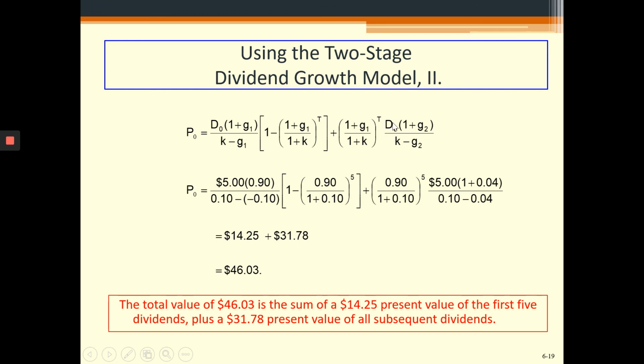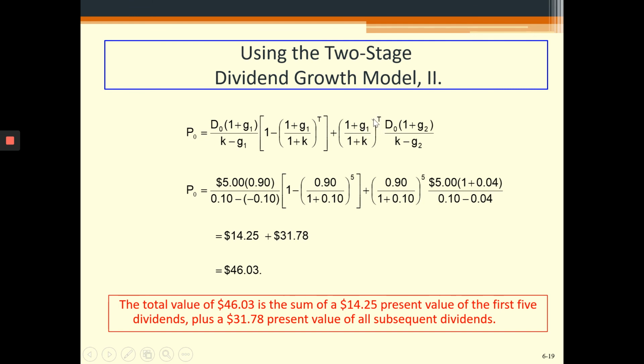The current dividend can be multiplied separately with 1 plus G1 raised to the power T to generate the dividend at the end of the first stage, where the shrinking was happening. In the first stage, shrinking of the dividend was happening at 10%, right? So at the end of the first stage, the current dividend will grow to D naught times 1 plus G1 raised to the power T.